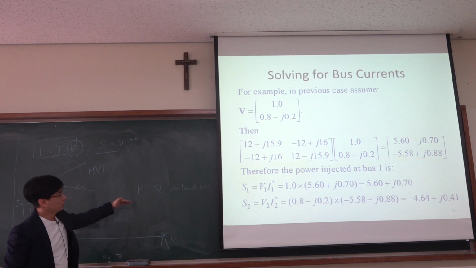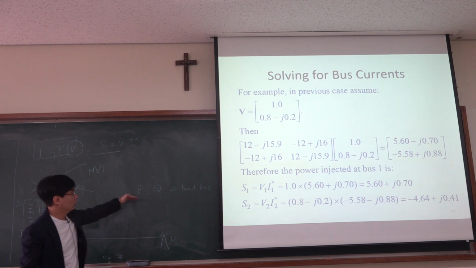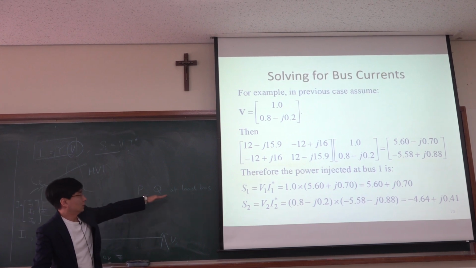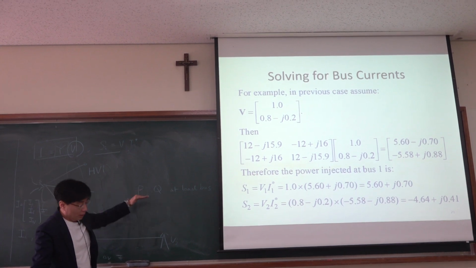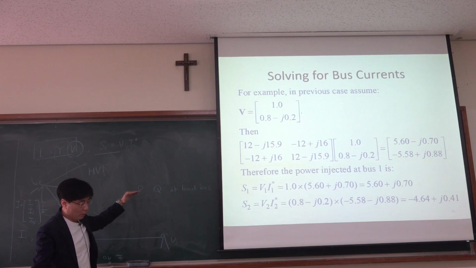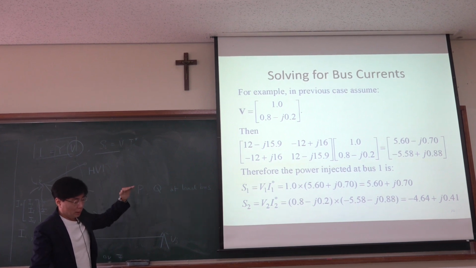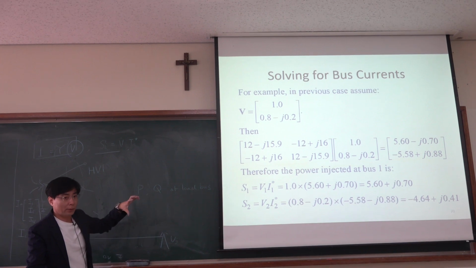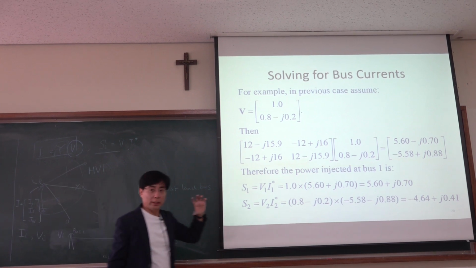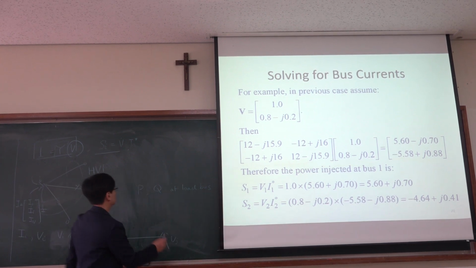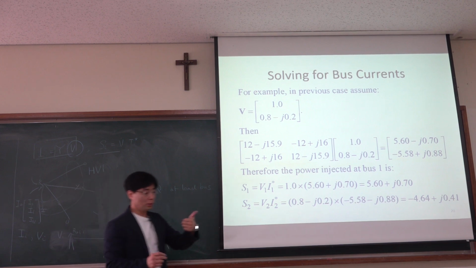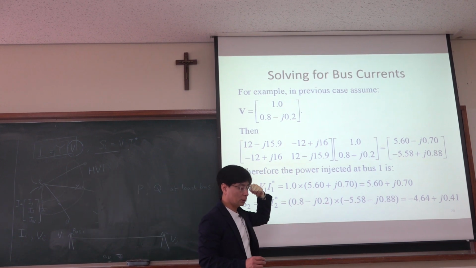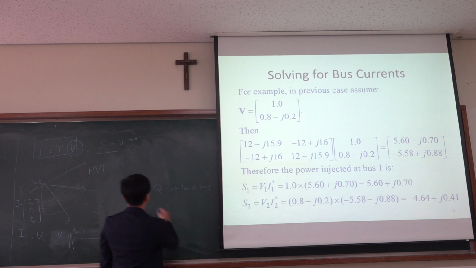Because we assume that the complex power at the load bus is constant, some number, right? So that gives us the nonlinearity, as I told you. So in a real power system, we do not know the complex voltage or complex current, but we know this.